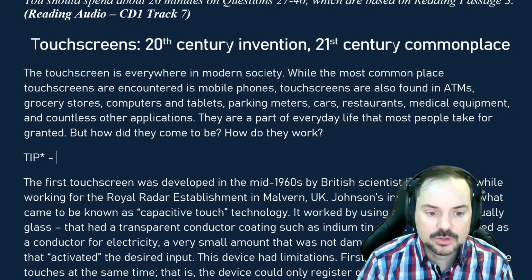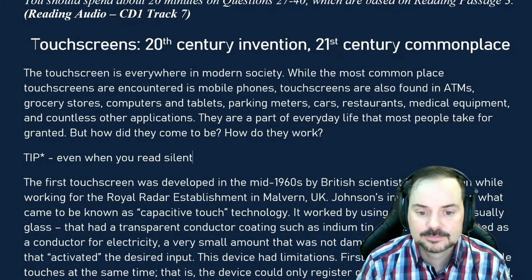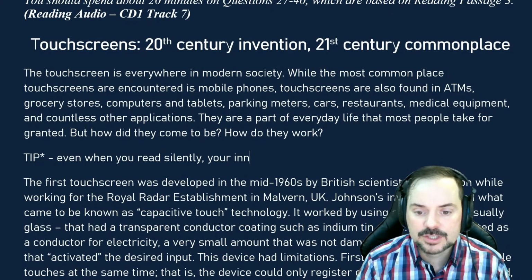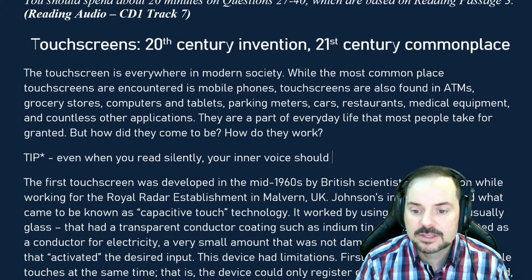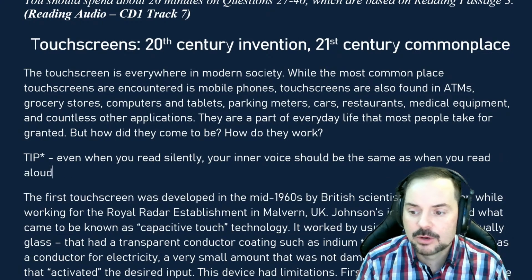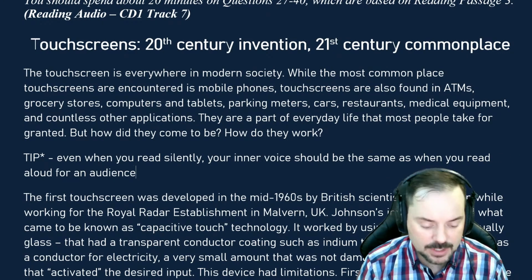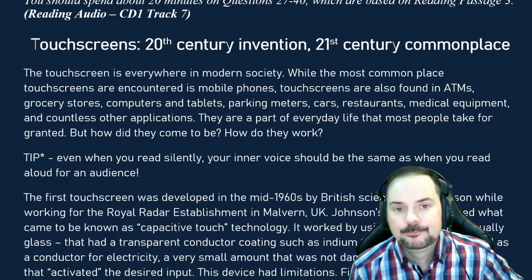Even when you read silently, your inner voice should be the same as when you read aloud for an audience. Do you know what I mean by that?